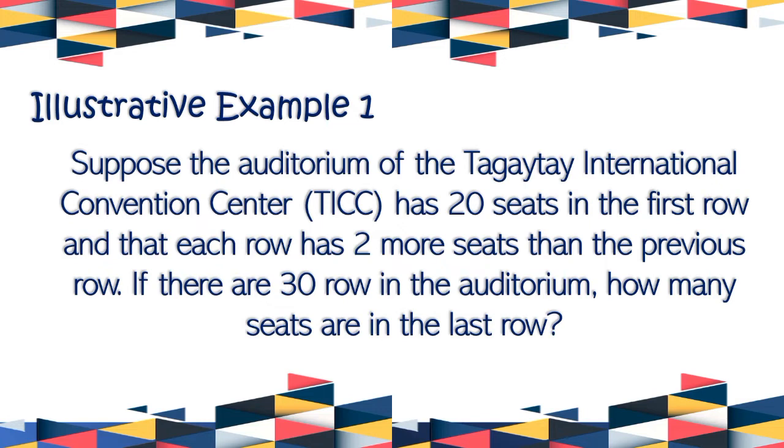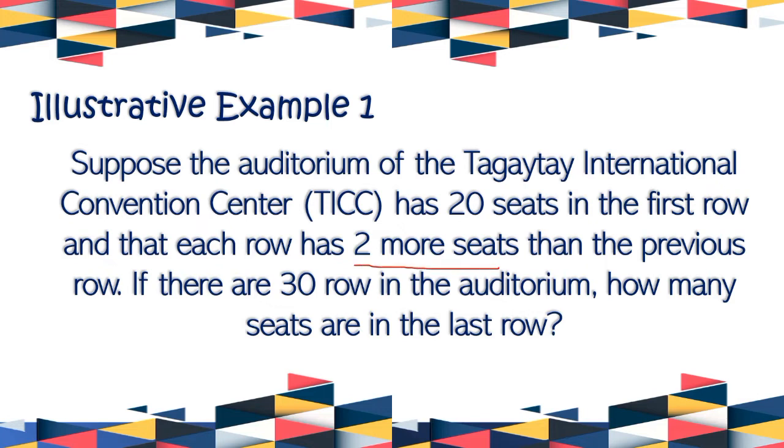ma-identify natin na ang tinatanong niya is related sa arithmetic sequence. So, ang first row, or yung first term, pwede natin sabihin na 20 seats muna. Tapos, kada row, nadadagdagan ng dalawa. Yan.